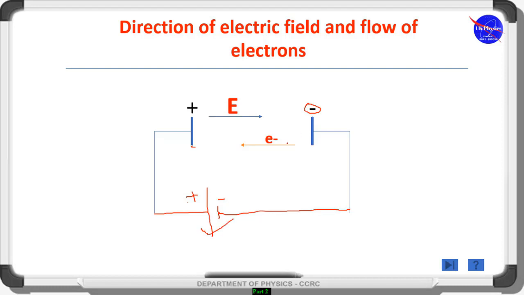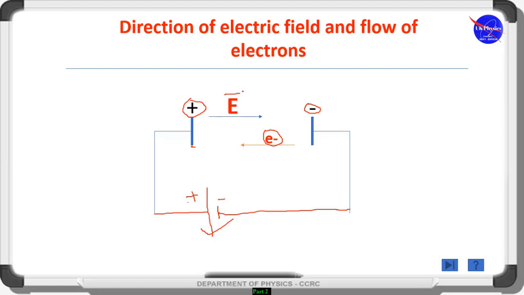So here is the flow of electrons that you can see. The direction of flow of electrons is towards the positive plate because it has a negative charge which is attracted toward the positive end.